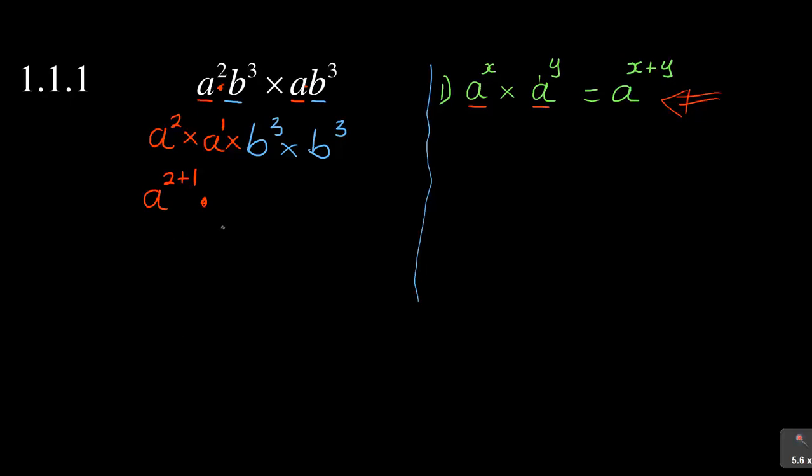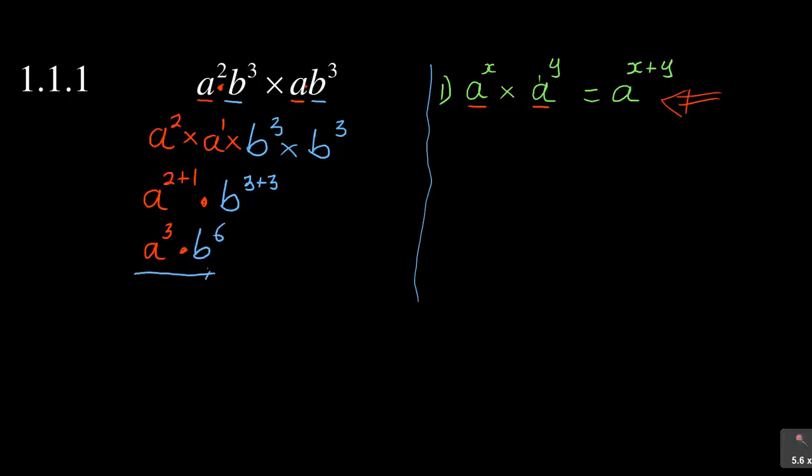I have got then the b. Again, I do the same thing. The bases are the same. I say 3 plus 3. And then after that, 2 plus 1 will give me a to the power of 3 dot. Again, the other one will give me 3 plus 3, which is b to the power of 6.